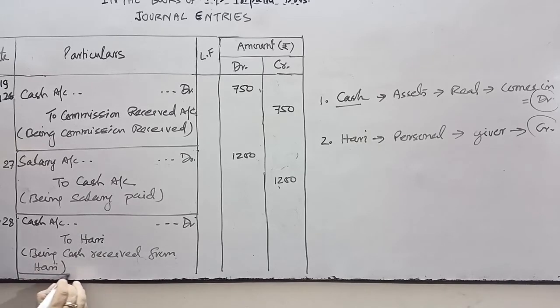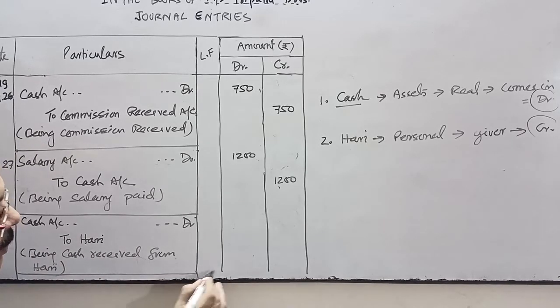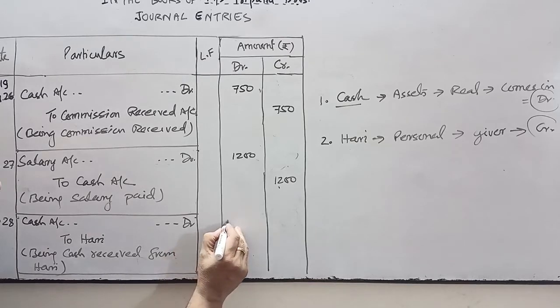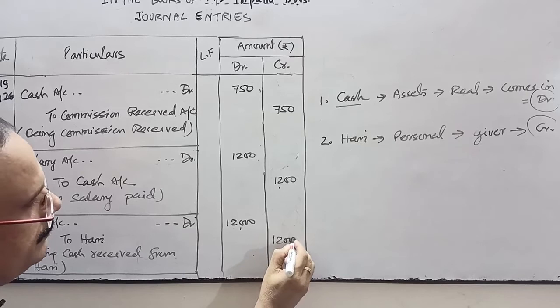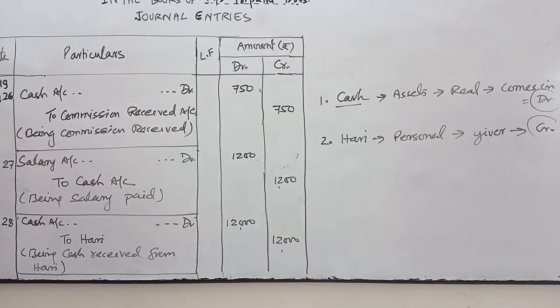And you close this particular area, only this particular area. What is the amount? Amount is 12,000. 12,000 is on debit. 12,000 is on credit. So is it clear?